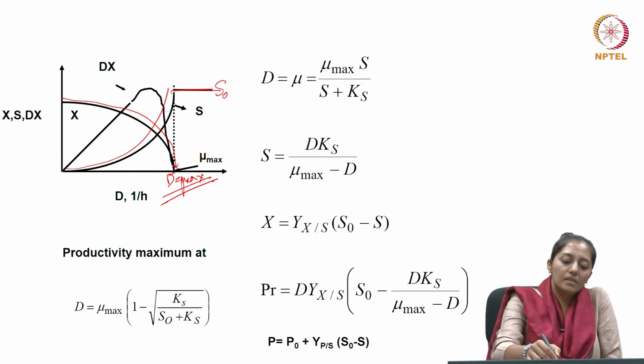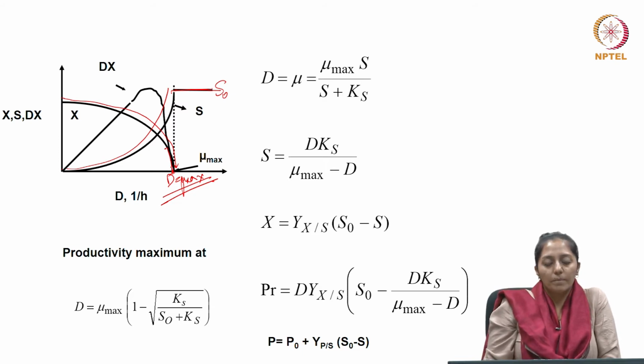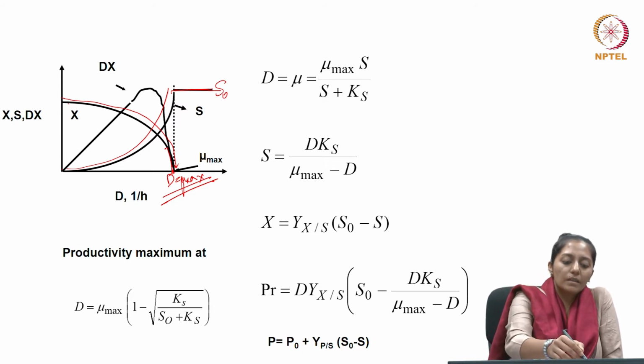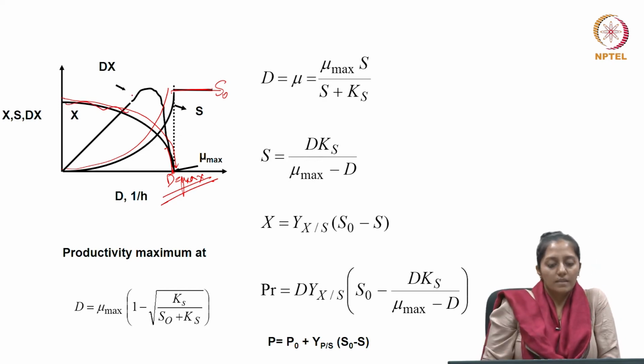So, suddenly near the washout there will be a dip in the biomass sharply going down to 0, and otherwise it remains nearly the same.